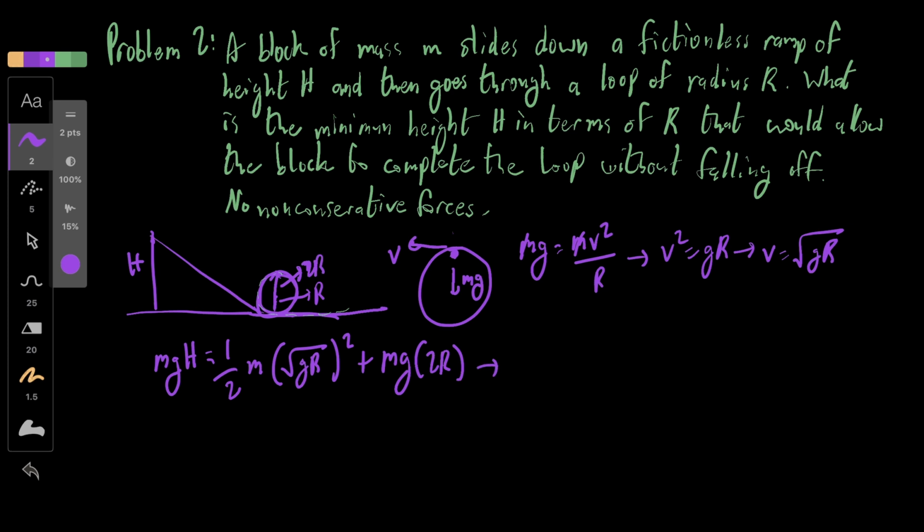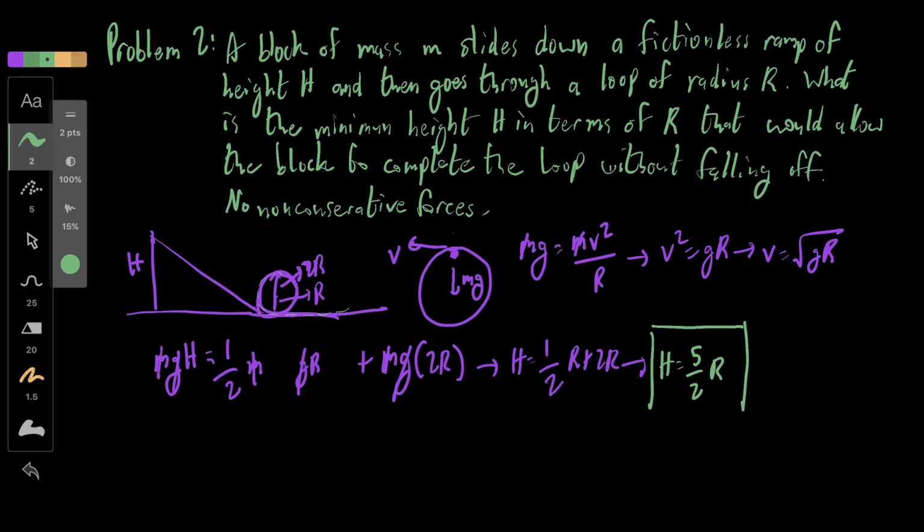So, solving, canceling out m, then squaring this, removing the square root and the square, then canceling out g from everywhere, that gets us h is equal to 1/2 r plus 2r. So h then becomes 5/2 r.